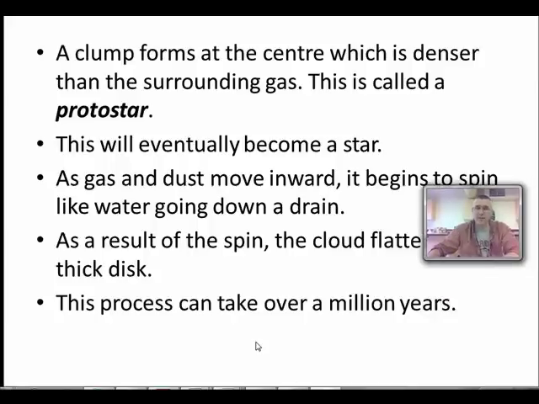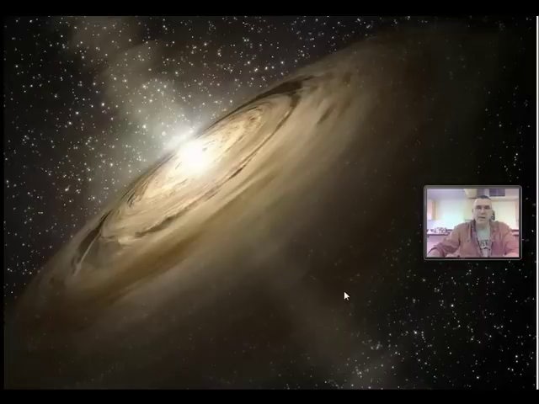The whole process takes over a million years to actually get enough material in there for the sun to start fusing and produce enough heat to become a sun. This is an artist's rendition of a forming solar system. So we have a protostar in the center that's just igniting, so it's just starting to fuse hydrogen, and it's releasing tremendous amounts of energy.